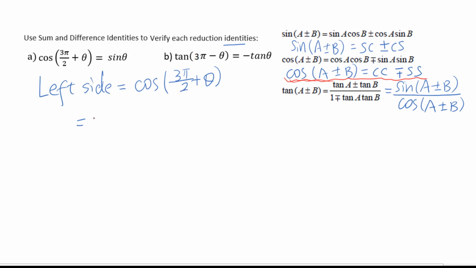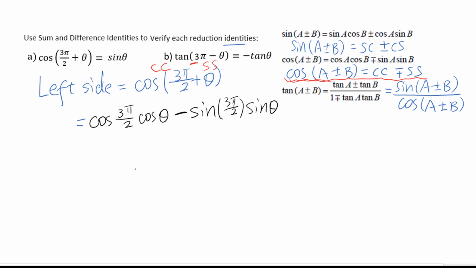You will get CC minus or plus SS. So here it's a CC. This is a plus, so here is a minus SS. Therefore, I will get cosine 3 pi over 2 cosine theta minus sine 3 pi over 2 sine theta.